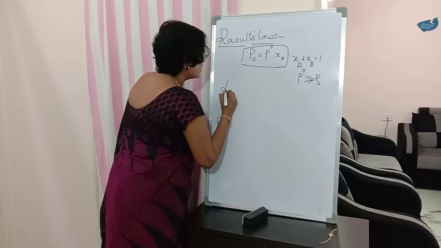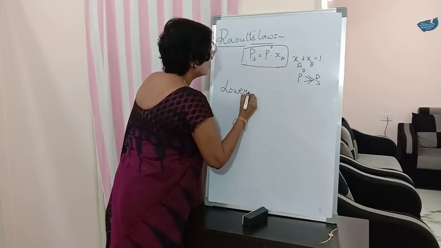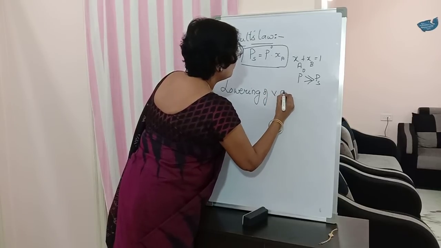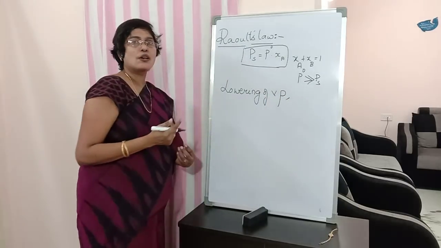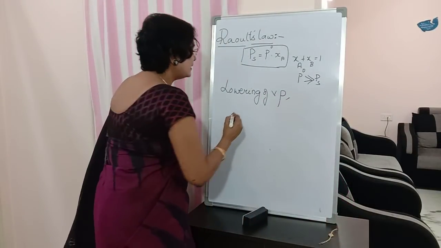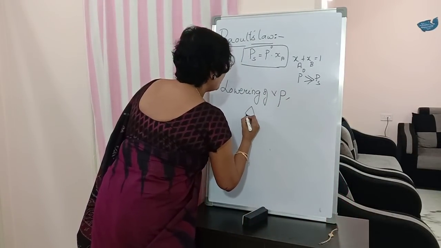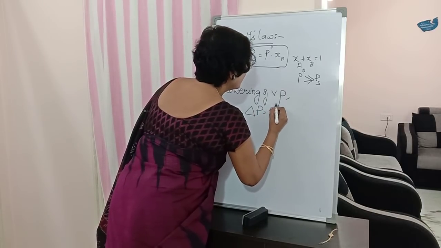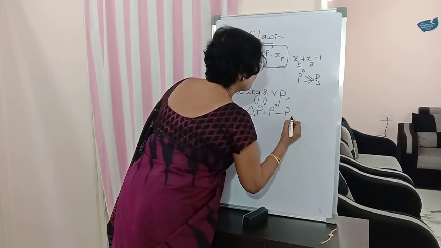Next, write down. But we know that lowering of vapor pressure, how do we denote it, students? By delta P, right? So we all know that delta P is equal to P naught minus PS.